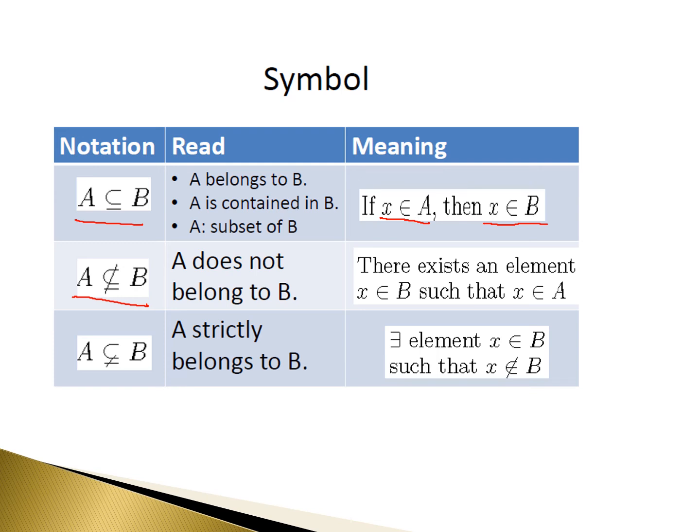This is read as A does not belong to B. Then the meaning here is there exists an element x in B such that x is not an element of A. Meaning there exists one. Then another one here, A strictly belongs to B. The symbol here means there exists an element x in B such that x is not an element of A.